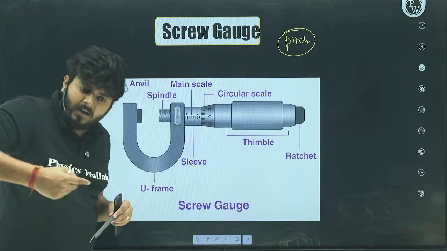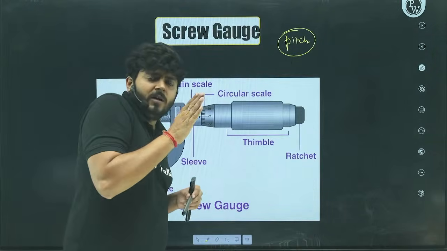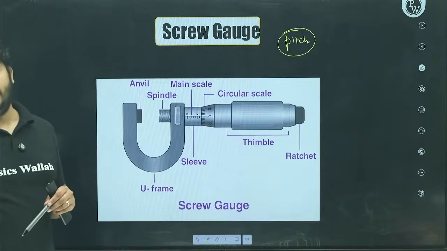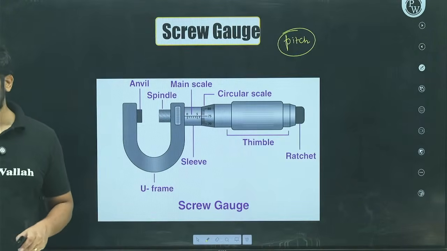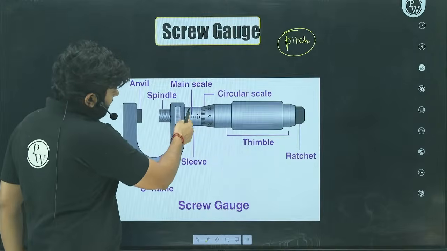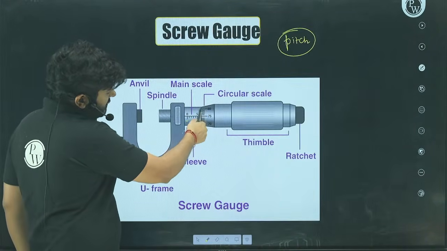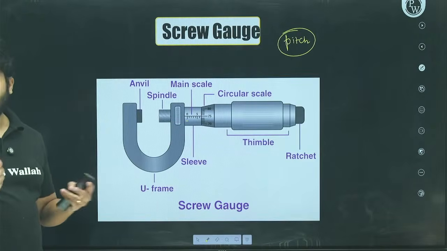If you move it completely for 360 degree and it moves 1 mm further, its pitch is 1 mm, right? So I believe the idea is very, very clear. We are going to calculate that as well. Now you see that there are markings on the main scale and there are markings on the circular scale, right?